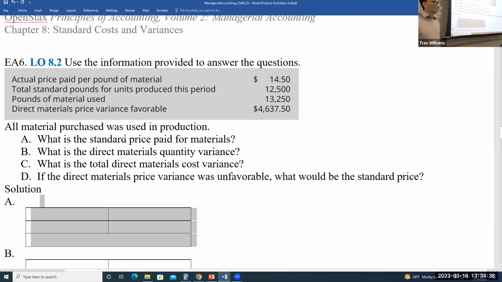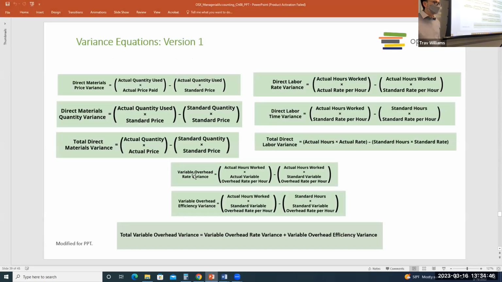So if what we're trying to figure out is the standard price paid for materials, what we could do is look at our formulas. These are our materials formulas. And let's find one that has standard price, but only one time. So for example, this first formula will work because here's standard price, but it's only there one time.